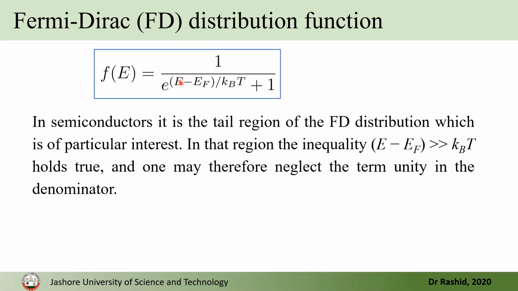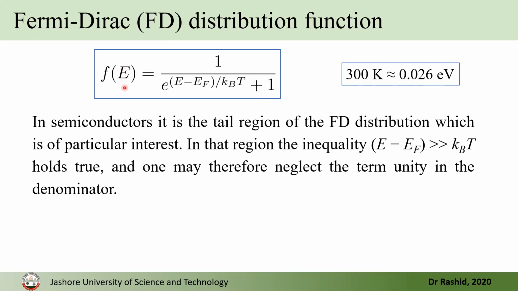Now, since we know that kBT is the energy related to the temperature T, for 300 Kelvin we can calculate it. This is approximately 26 milli-electron volt, which is much smaller than the electronic energy E minus EF. So for this region, to make life simple, we can ignore the 1 in the denominator.